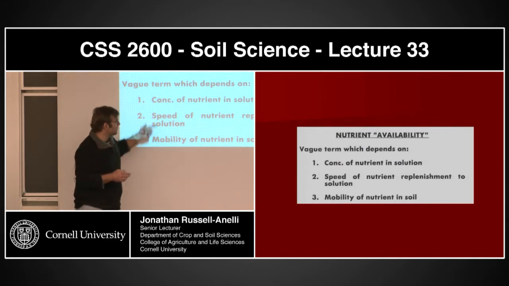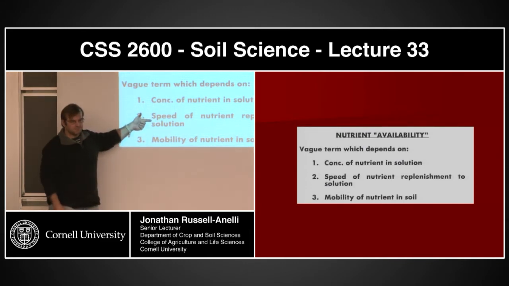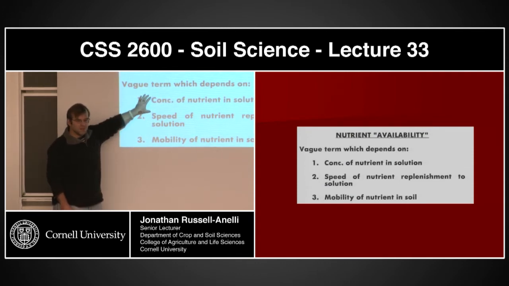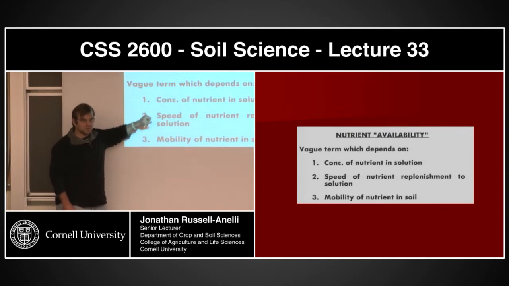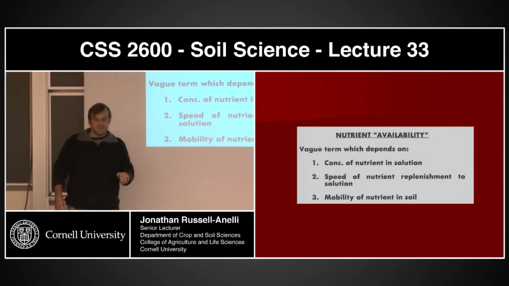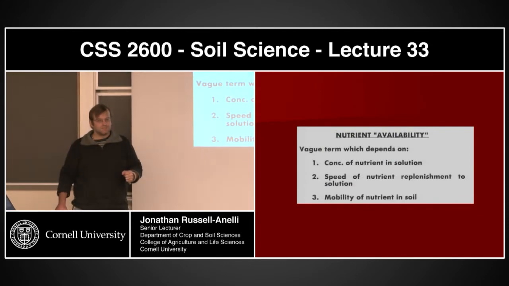There is no hard and fast rule that says nitrogen is going to be at this, potassium at this, calcium at this. It really has to do with the type of soils you have in the system and the concentration of the soil solution, because it's an exchange between these two. Does that make sense to everybody?